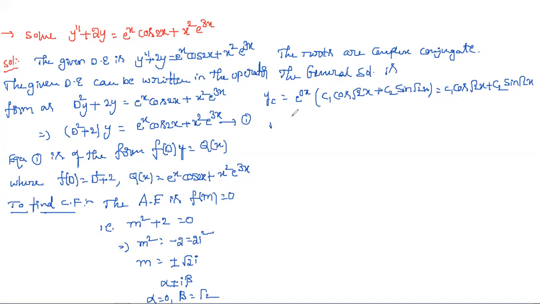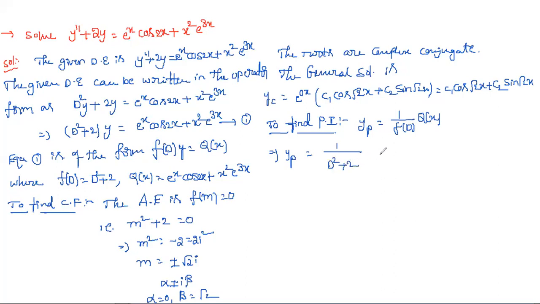So to find the particular integral, what is the formula we are using? yp is equal to 1 by f of D into Q of x. So yp is equal to 1 by f of D, which is D square plus 2, and Q of x is e power x cos 2x plus x square e power 3x.